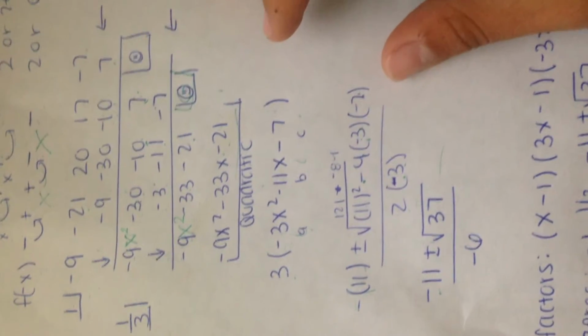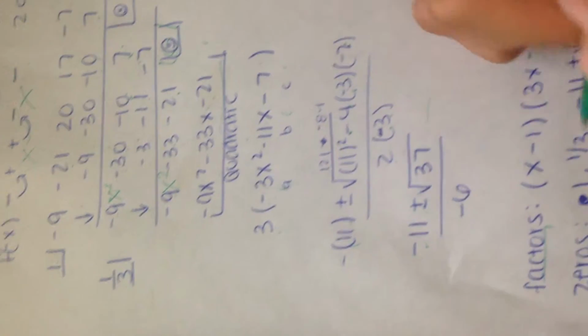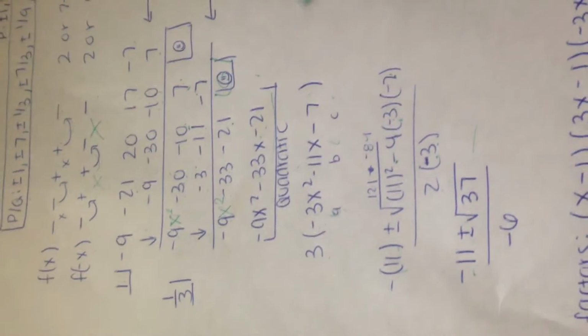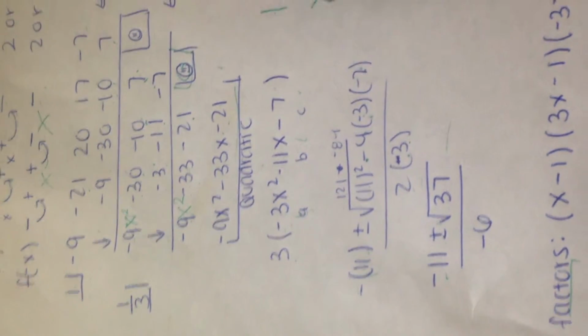Okay, so our factors would be, since our zero was 1, that would be our x, so it would be x minus 1.